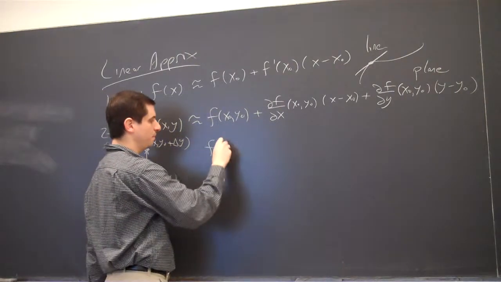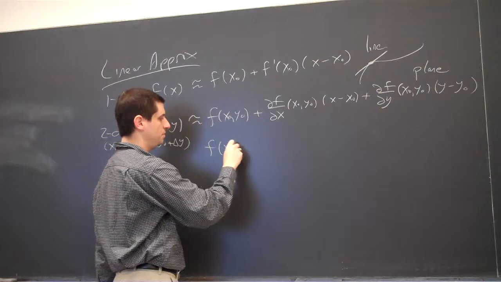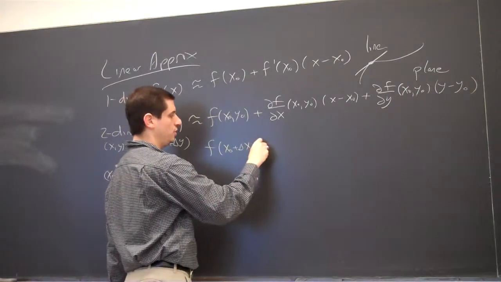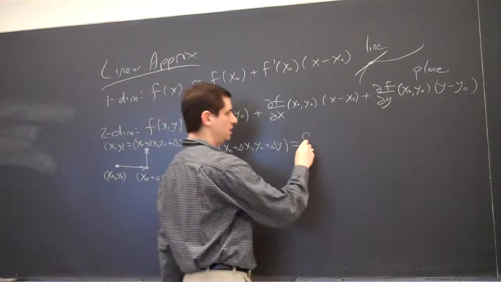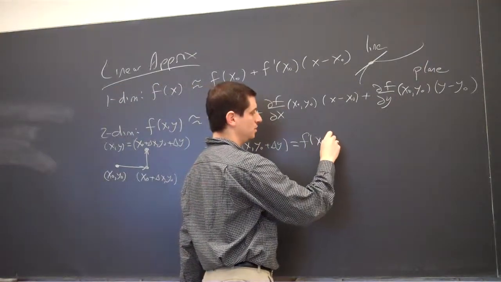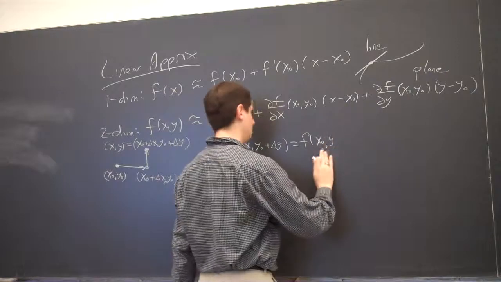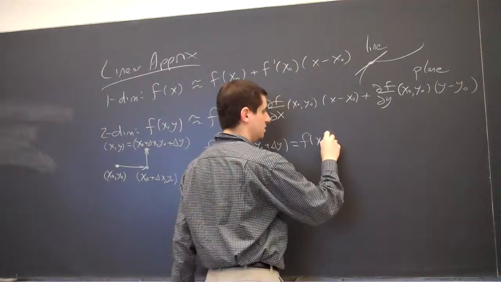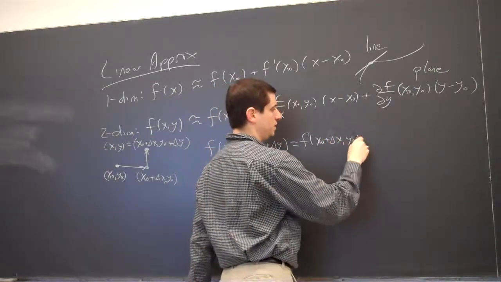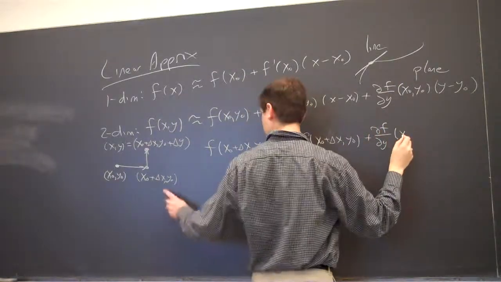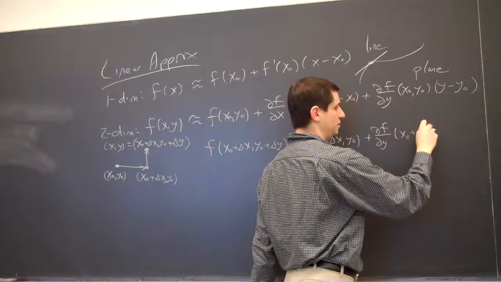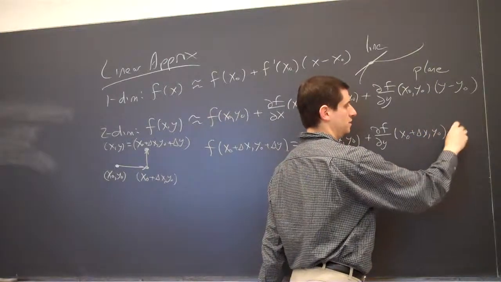We would get f of x naught plus delta x, y naught plus delta y is my starting point. f of x naught plus delta x, y naught plus df/dy at the point x naught plus delta x, y naught, times delta y.